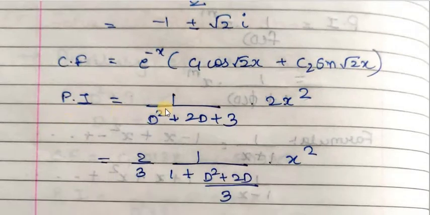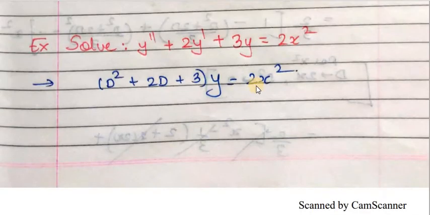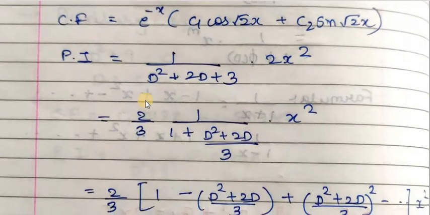The formula of PI is 1 over f of D times X, and X is 2x square. Now here we are in case number 3.